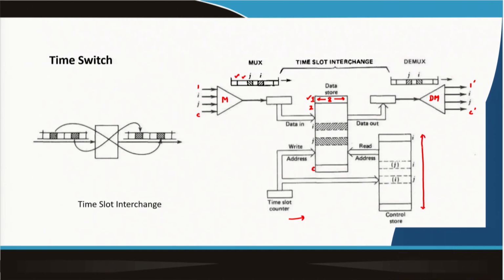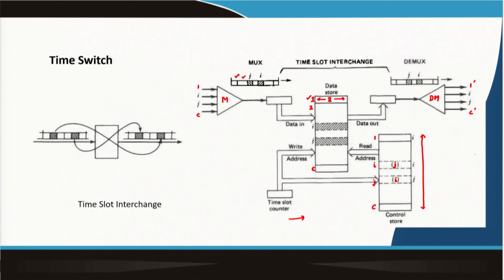Again I will have 1 to C specification locations where the control information will be. In that 1 to C, suppose I want to swap i and j, that means the ith data should go to the jth position and the jth data should come to the ith position. Therefore, in the control, in the ith location I will store the value j, and in the jth location I will store the value i.